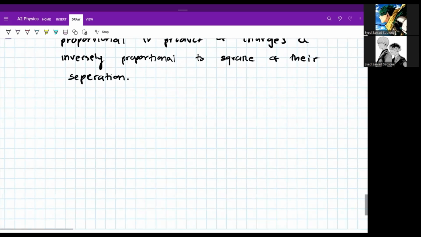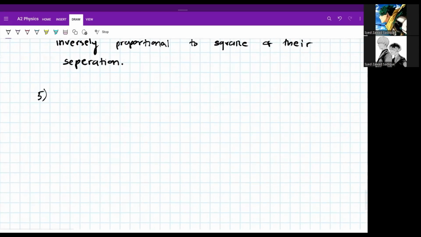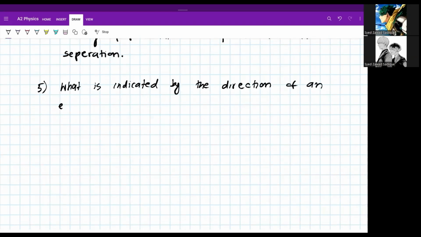Number five is a very rare question that I once found, I think in 2020 or 2021. Actually, I found it a few times. What is indicated by the direction of an electric field line?